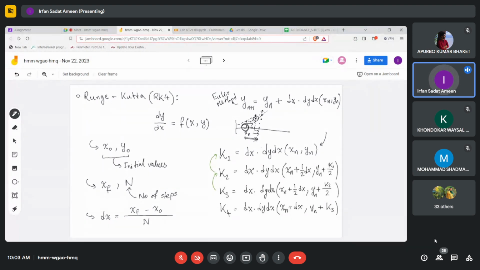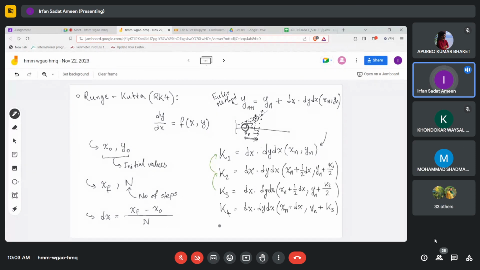So all of these four will be then averaged, and that average will give you a better approximation than Euler method.